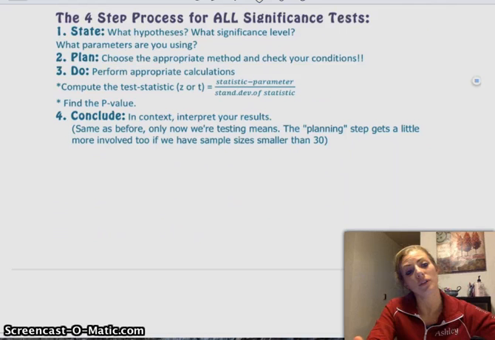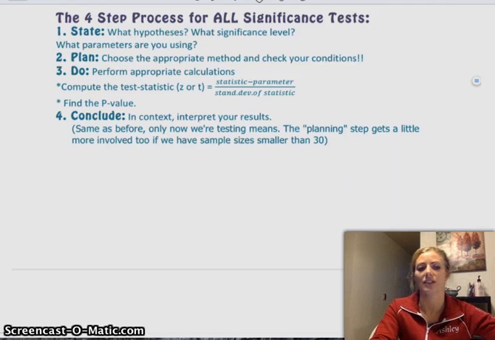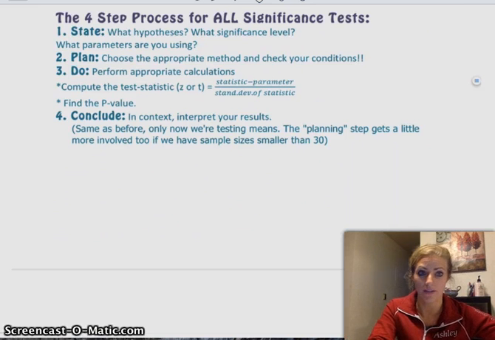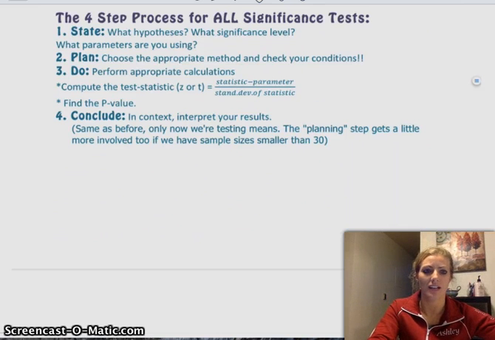Is there skewness? Are there outliers, etc.? That's what you need to do if n is less than 30 to see if you can use the t distribution. Unless you have sigma. If you have sigma, then you don't need all that stuff. You just need n greater than or equal to 30, and then you use the z test. But that doesn't really happen very often.